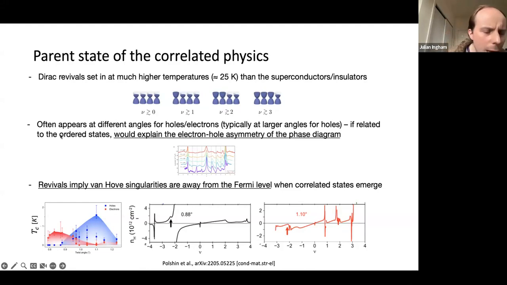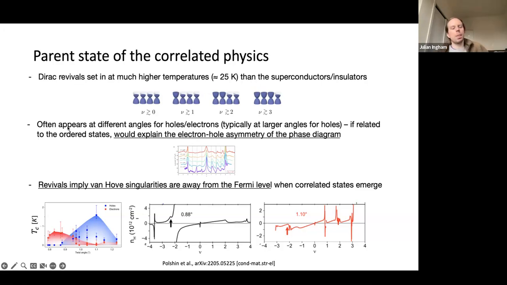Now, if we look at red, which is electrons in this diagram, we see TC for electrons is maximal at 0.88 degrees here, whereas TC for holes in blue is 0.